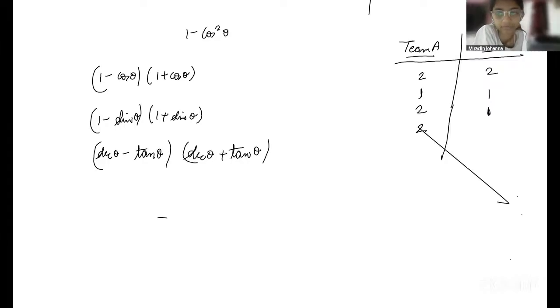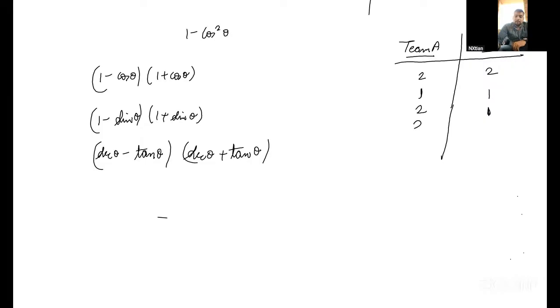Team B, you are losing by 1 point. Okay, I will ask this question from Petya. Petya, what is the answer of this?